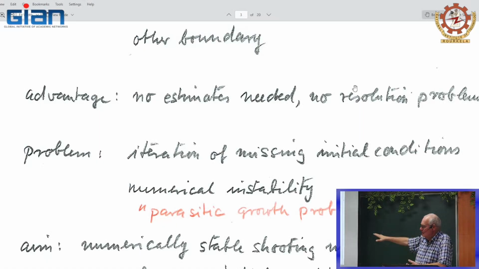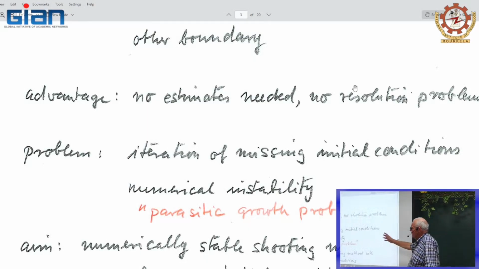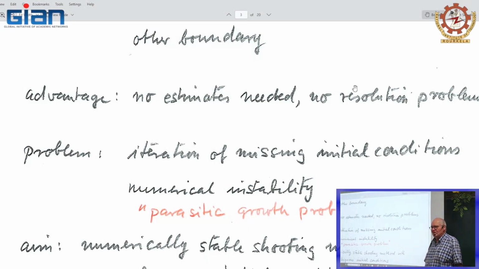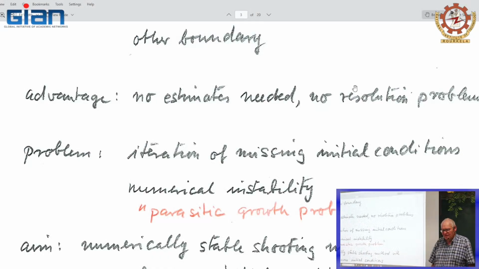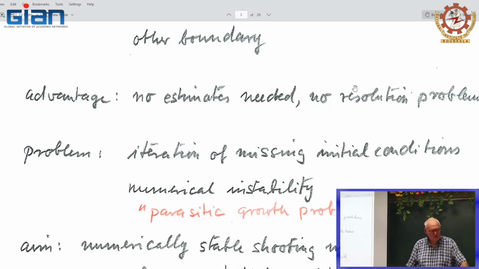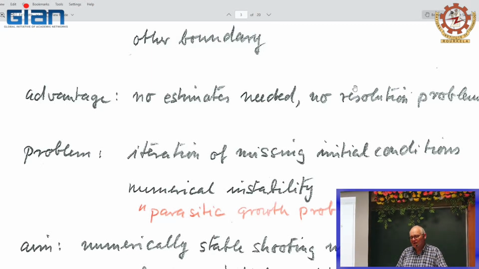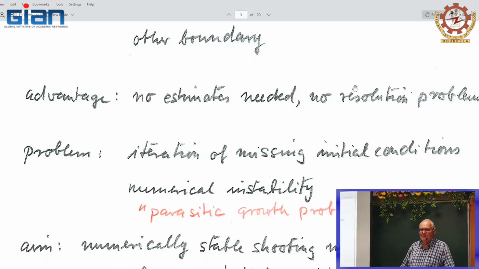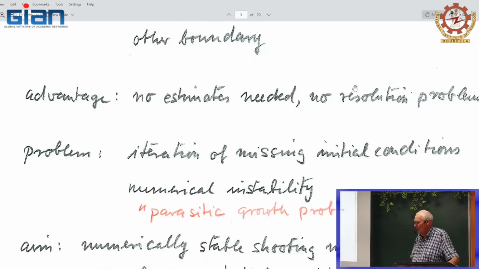Here you have diverging solutions for a different reason, but these diverging solutions spoil the entire integration. This parasitic growth means the integration catches solutions which you don't want, which explode exponentially and thus spoil your integration.